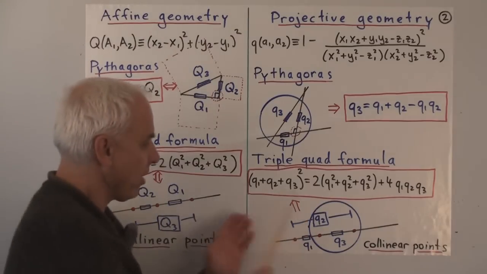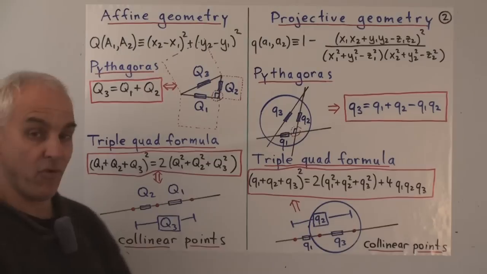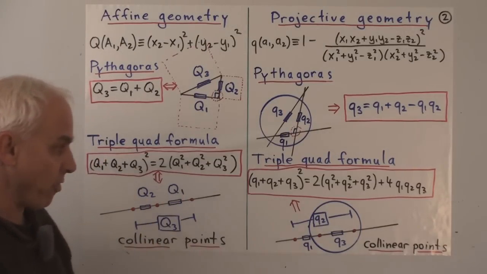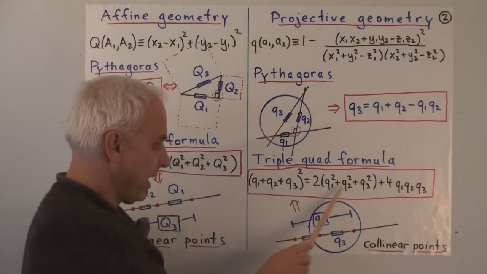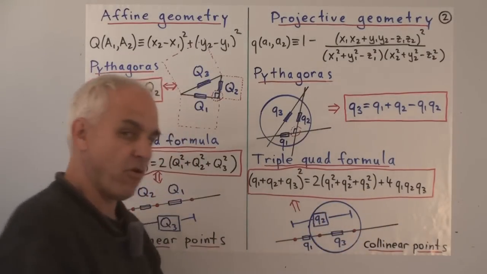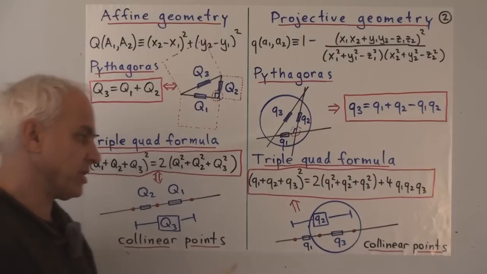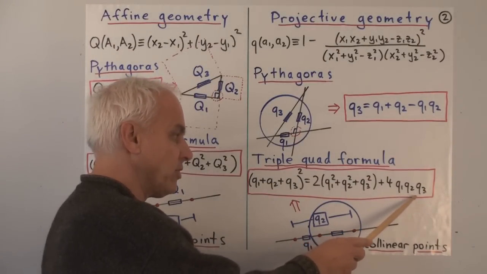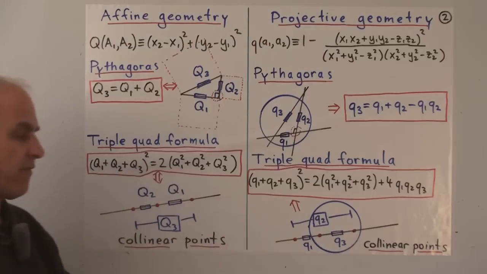Over here in our hyperbolic setting, the triple quad formula that we're studying today has a very similar form, except that there is again a deformation, an added term, which is of a higher degree. This cubic term plus 4 Q1 Q2 Q3 distinguishes it from the affine formula.